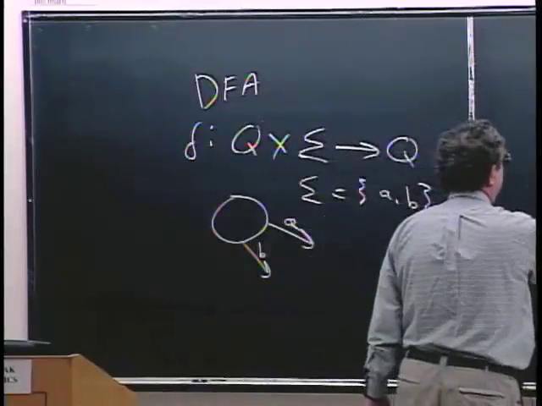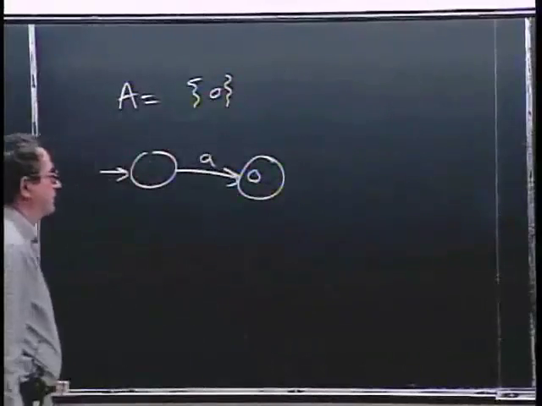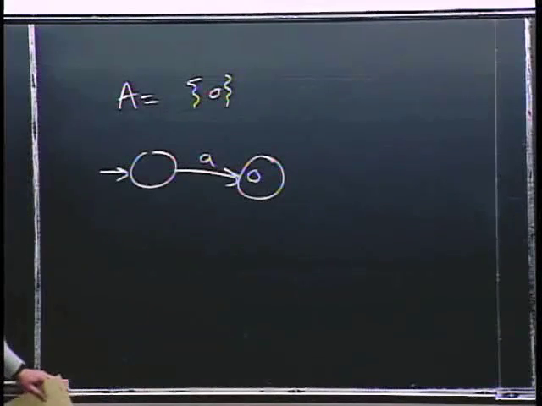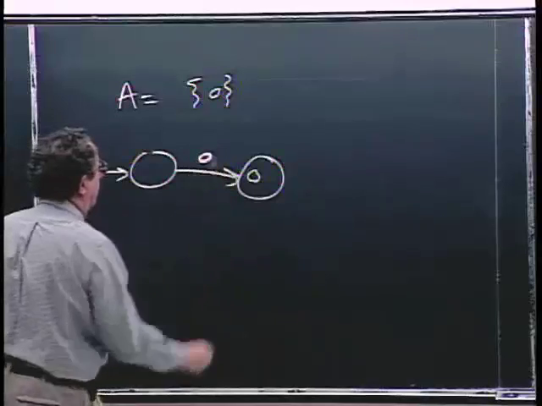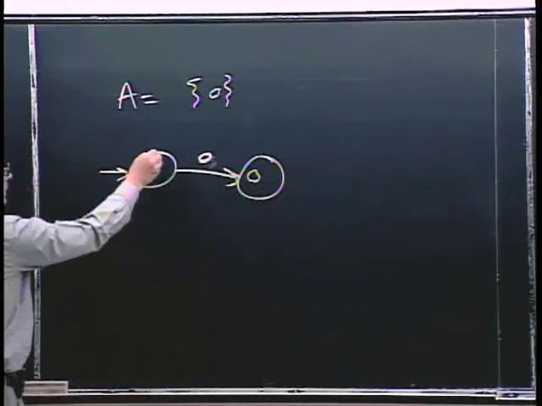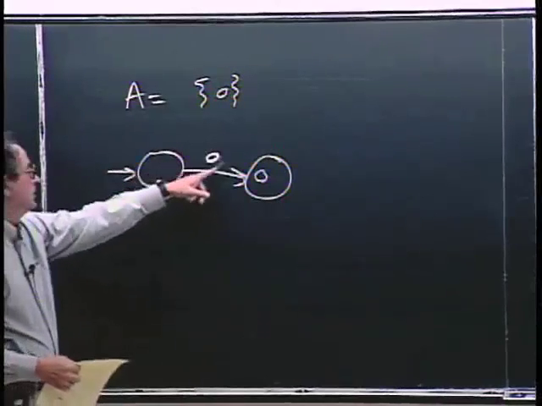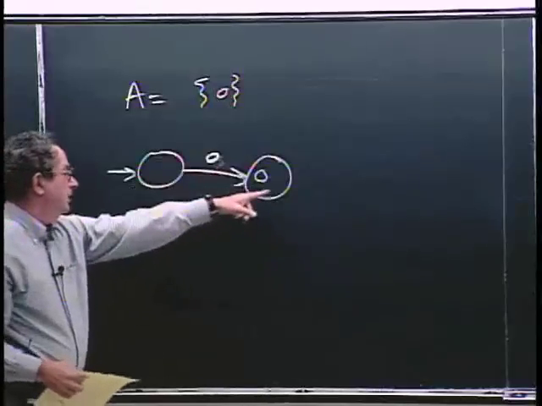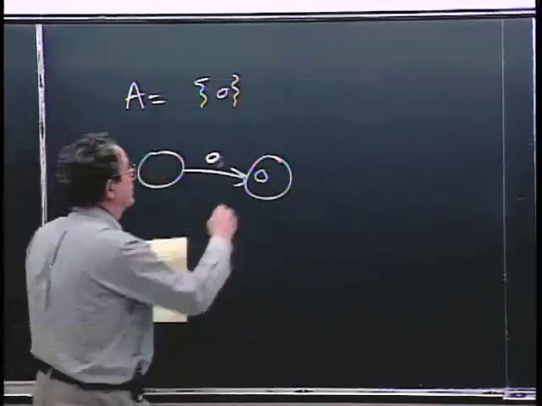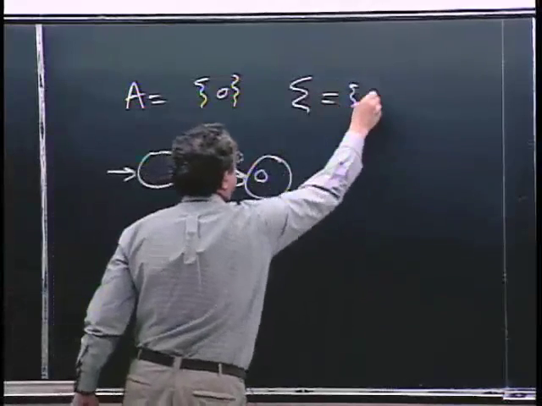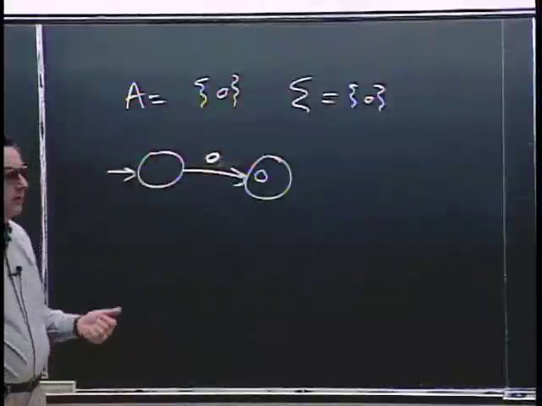It looks like this: you have a start state, then a zero, and then you have an accept state. So if the string that comes in is just a single zero, then that's fine, it's accepted. If the string is, let's say the alphabet here is just zeros anyway, but if the string is multiple zeros, more than one zero, then what happens?